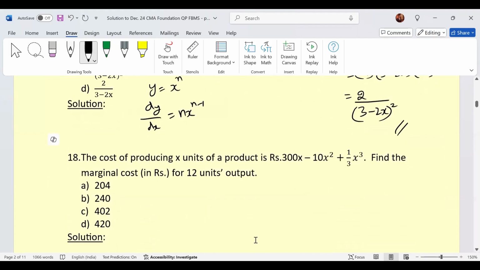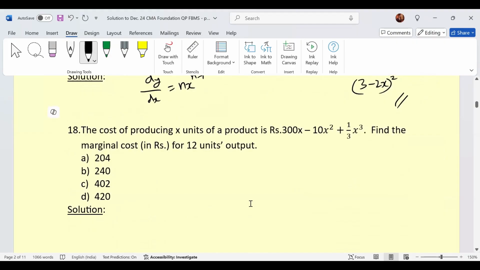Next one, the cost of producing x units of a product is 300x minus 10x square plus 1 by 3x cube. Find the marginal cost. So marginal cost is the derivative of total cost.